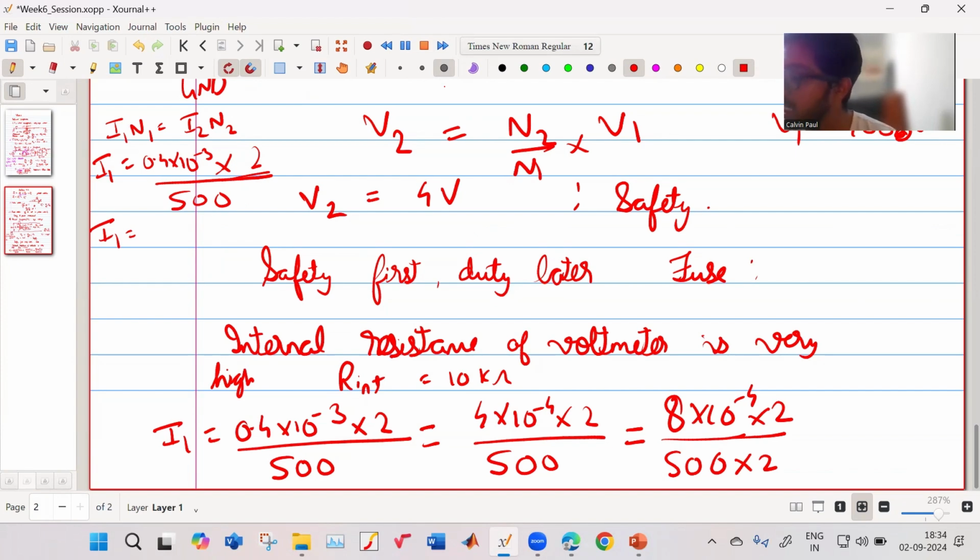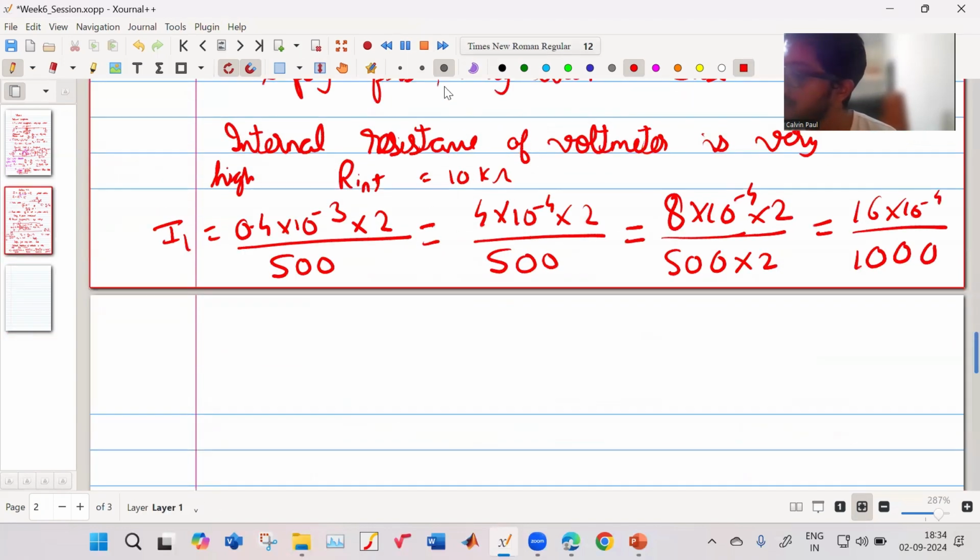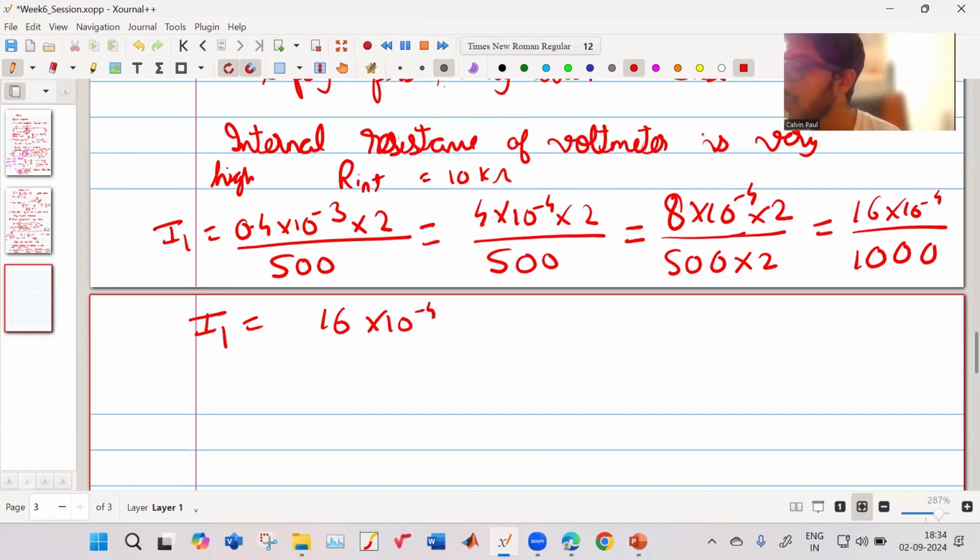So I'm not changing the value, I'm just doing some multiplication which makes my life simpler. 8 into 2 is 16. So this becomes 16 into 10 to the power minus 4 upon 1000, right? So my I1 will become 16 into 10 to the power minus 4 upon 10 to the power 3.